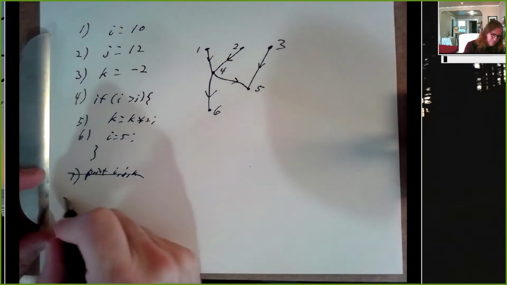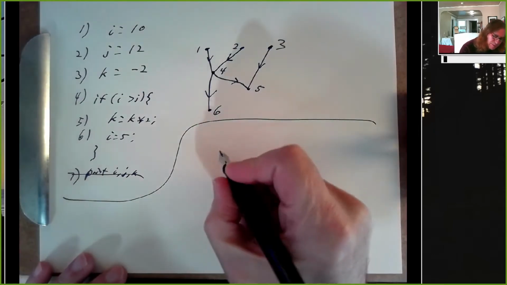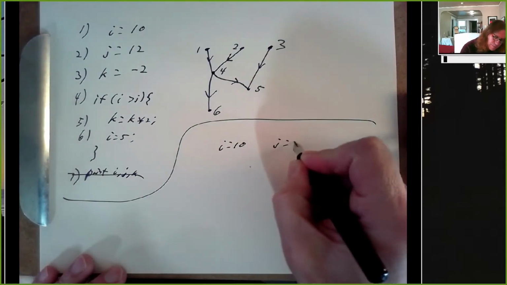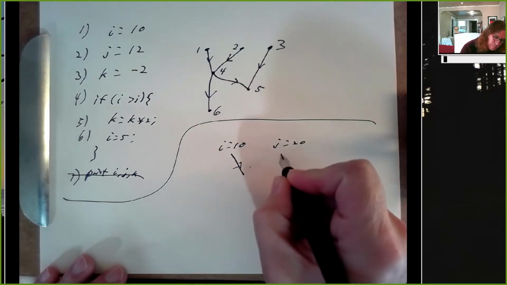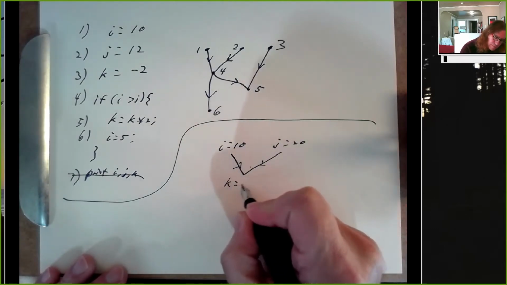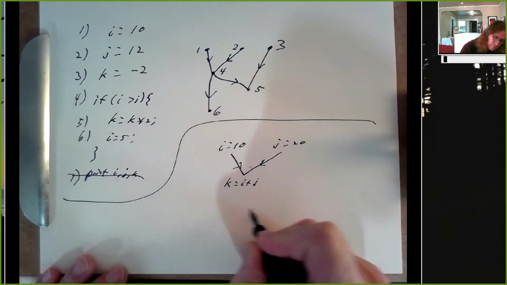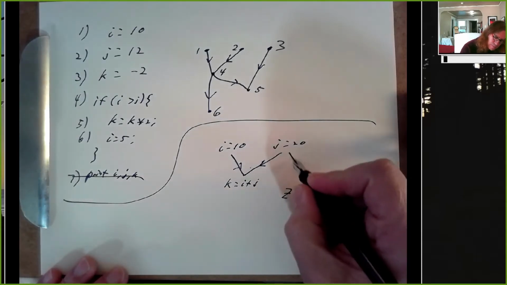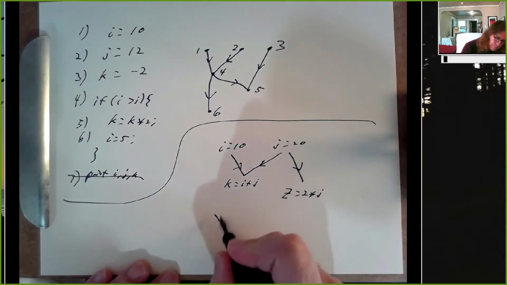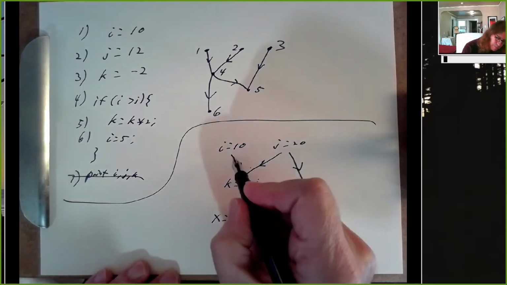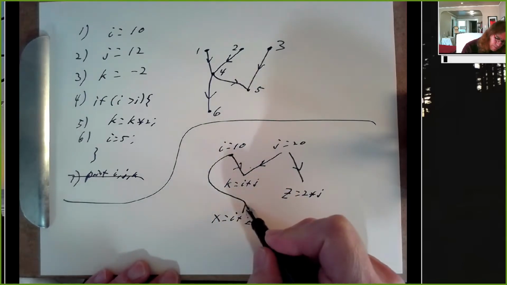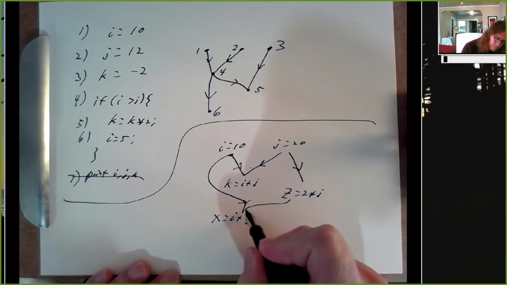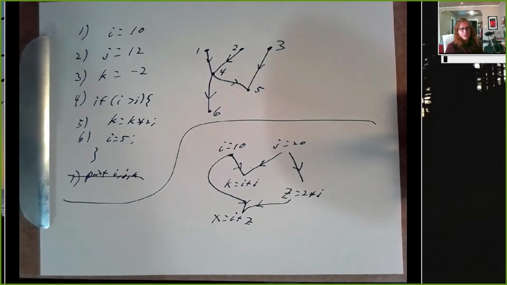But let me do one like this. All right, so there's an example of a graph, a precedence graph.